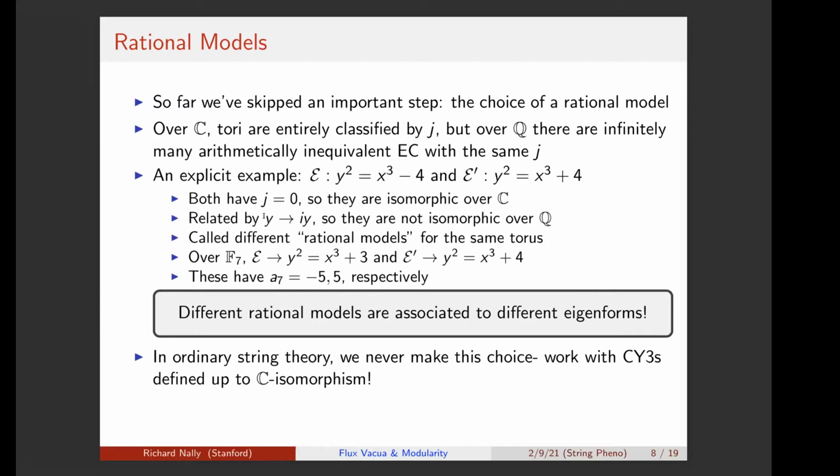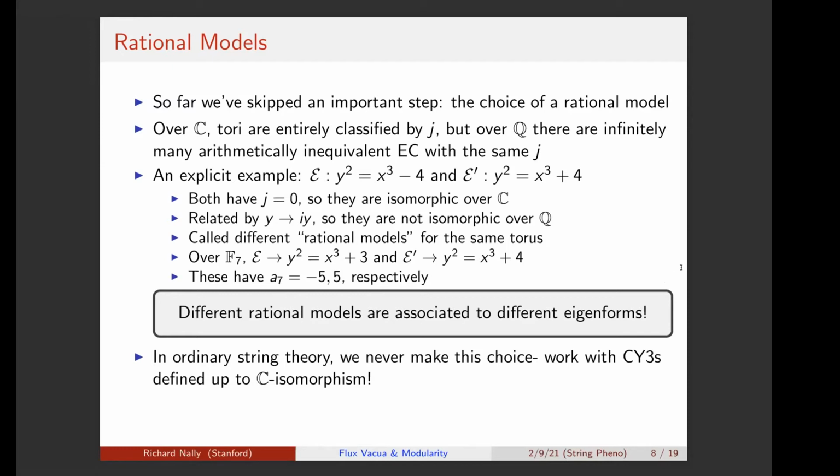All Q isomorphisms are of the form y goes to cy for some c in Q, but since i is not a rational number, this isn't a Q isomorphism. So when we have two elliptic curves like this that have the same J invariant but are not isomorphic over Q, we say they're different rational models for the same torus.